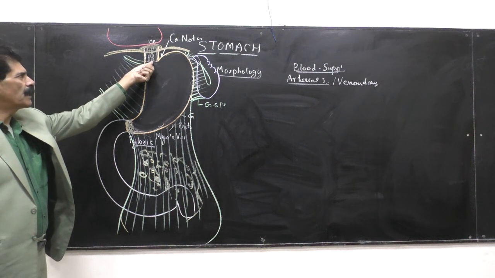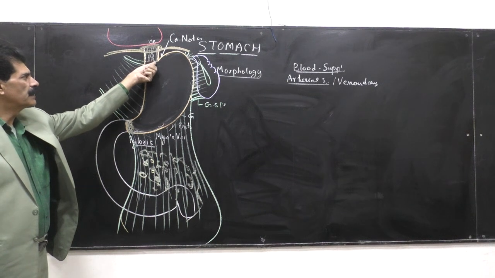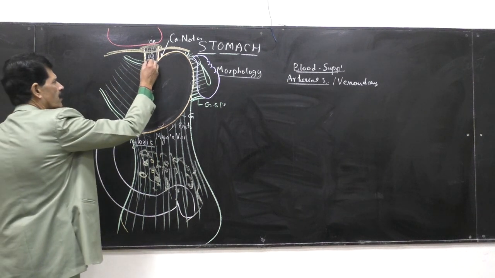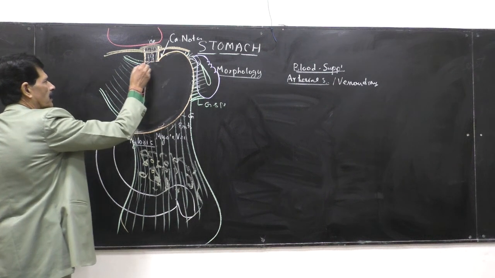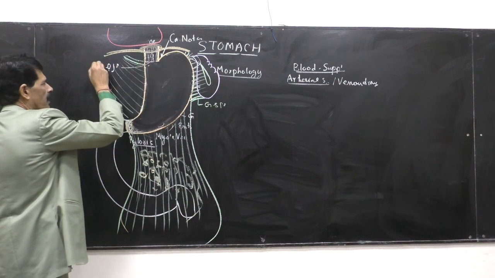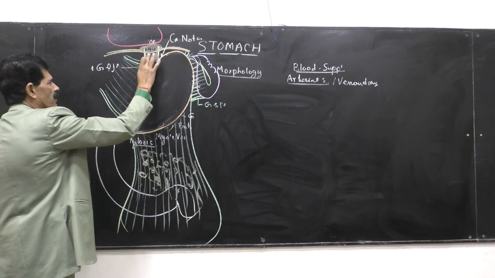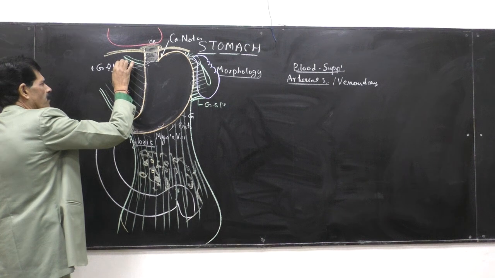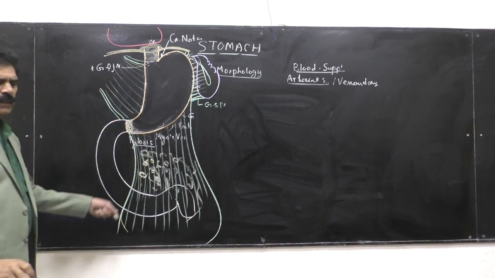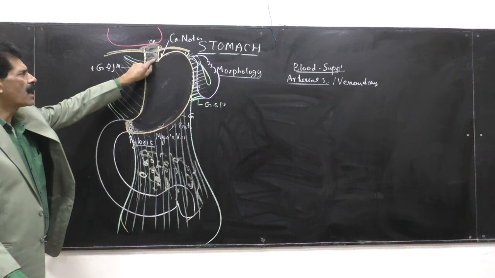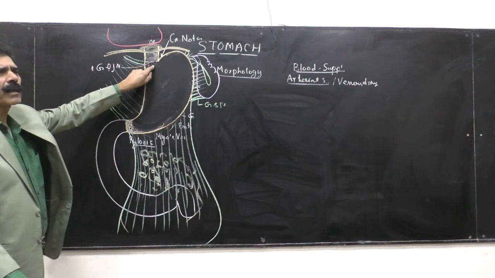And this line demarcates the anatomical gastroesophageal junction. This is anatomical, but the histological gastroesophageal junction is proximal to the anatomical gastroesophageal junction, meaning thereby the mucosa of the stomach starts proximal to the anatomical.